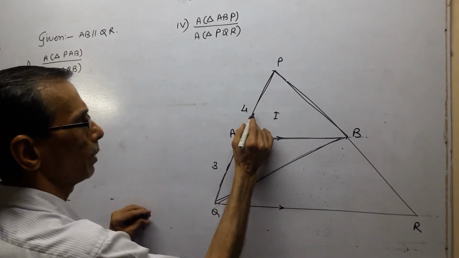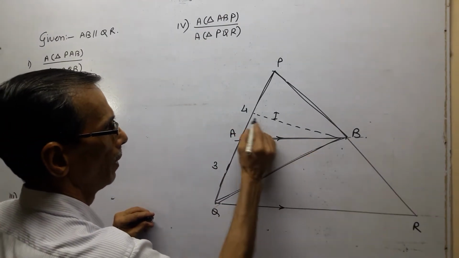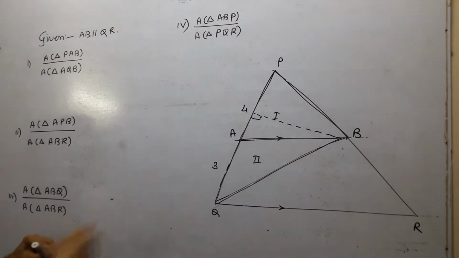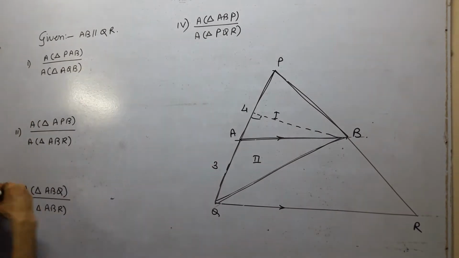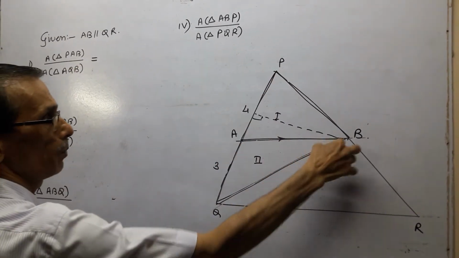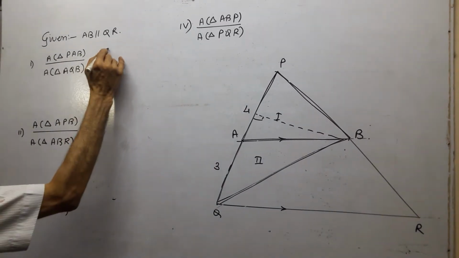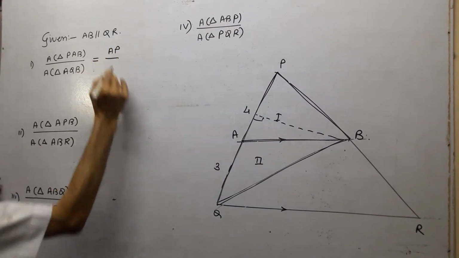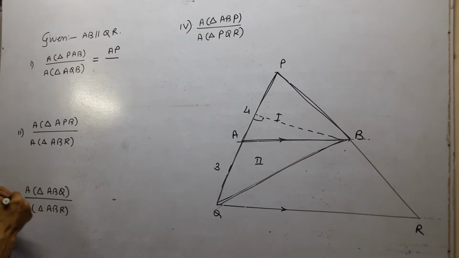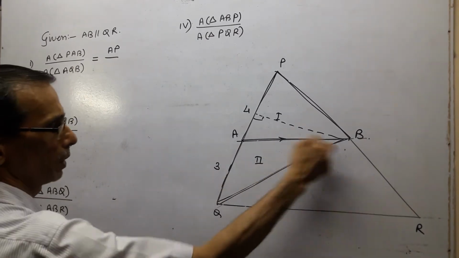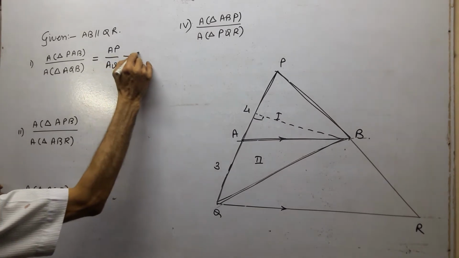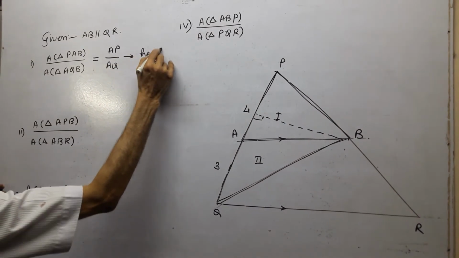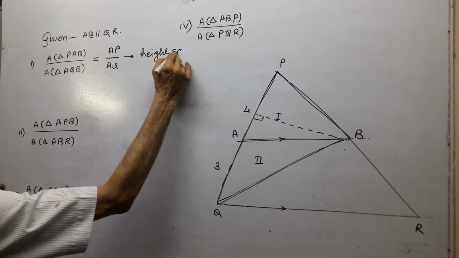If we draw a perpendicular from here, then their height is the same, and therefore the areas are proportional to the bases. The base of triangle ABP is AP, and here it is AQ. You write: same height.